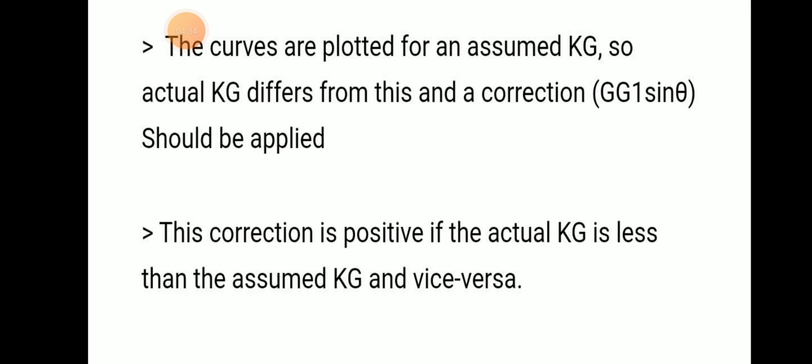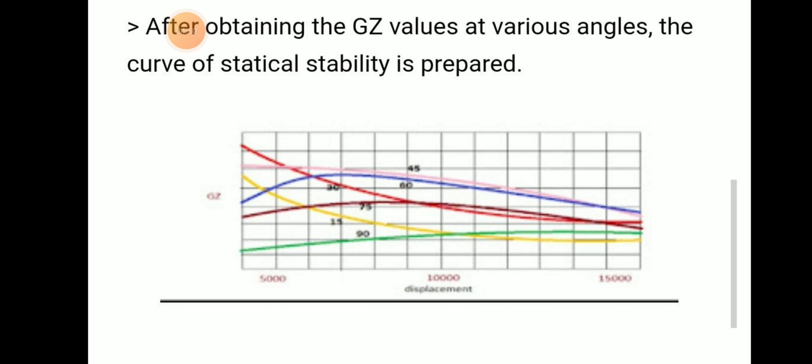These curves are plotted for an assumed KG, tabulating GZ values for various displacements and angles of heel. It is called a cross curve because the various curves cross each other. If the actual KG differs from the assumed KG, a correction, G1 sin theta, should be applied. The correction is positive if the actual KG is less than assumed, and vice versa. After obtaining GZ values at various angles, the curve of static stability can be prepared.